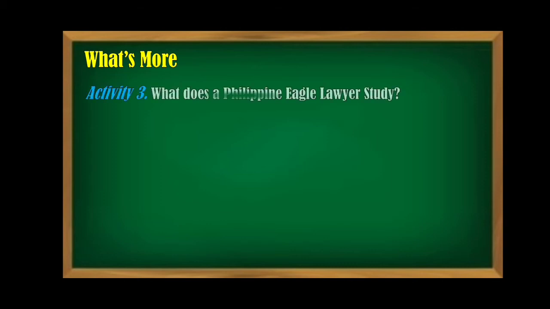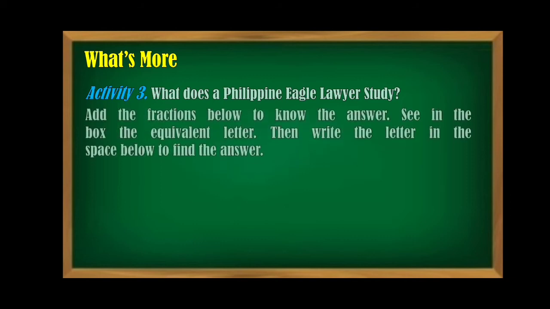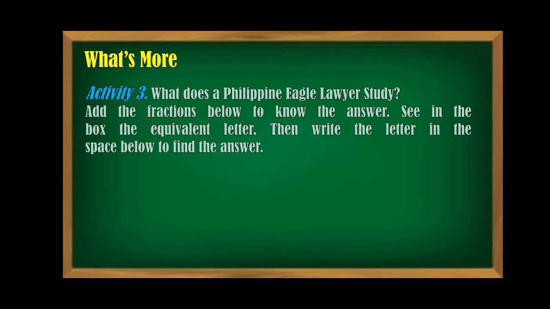What does a Philippine Eagle lawyer study? That is the title of our activity 3. All you need to do is add the fractions below to know the answer. Seek in the box the equivalent letter, then write the letter in the space below to find the answer.